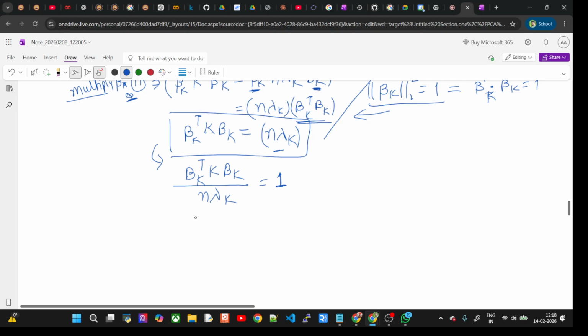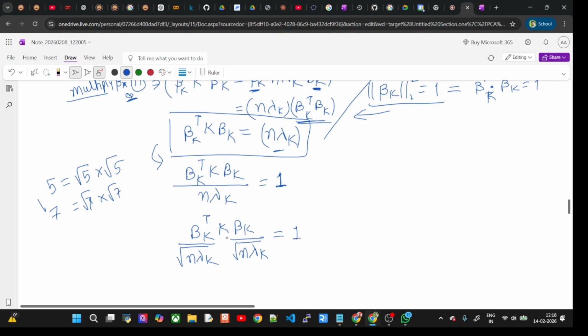So what is this? If I simply rearrange this, how do you write 5? 5 is under root of 5 into under root of 5, correct? In the same way, 7 is under root of 7 into under root of 7. So beta k transpose K into beta k divided by under root of n lambda k, then under root of n lambda k, equal to 1.